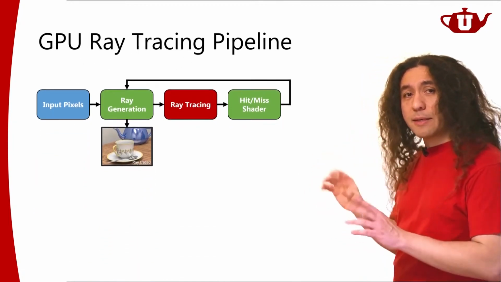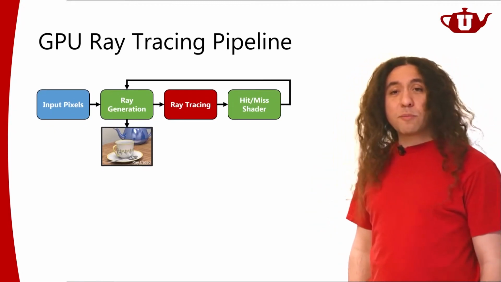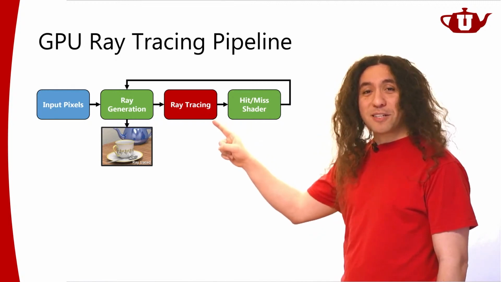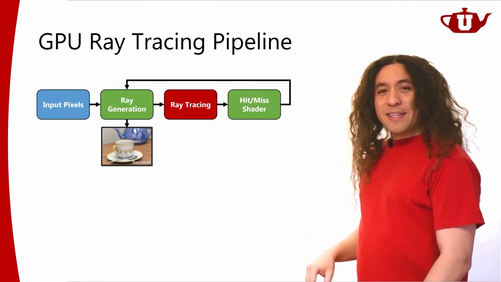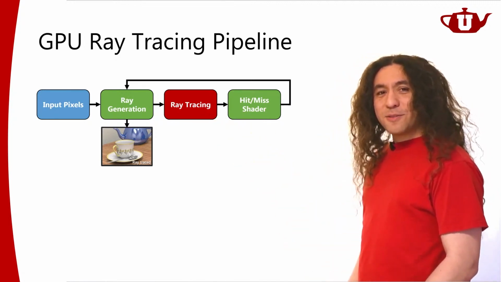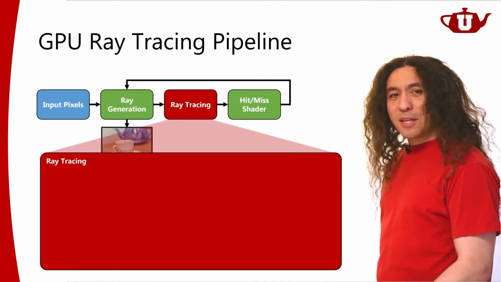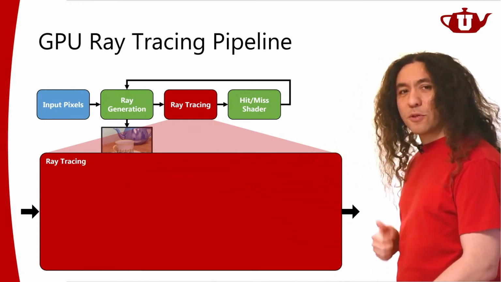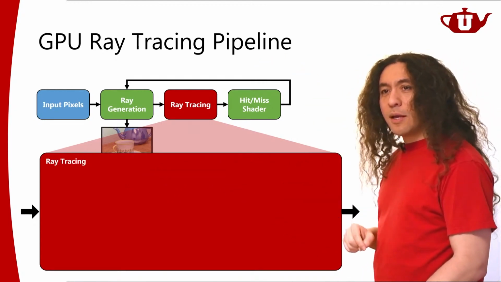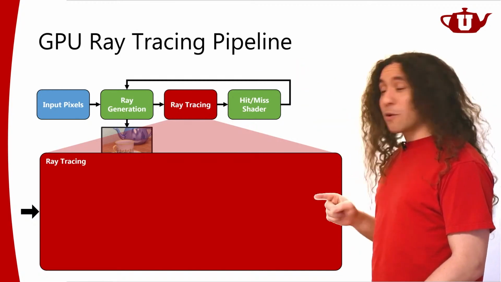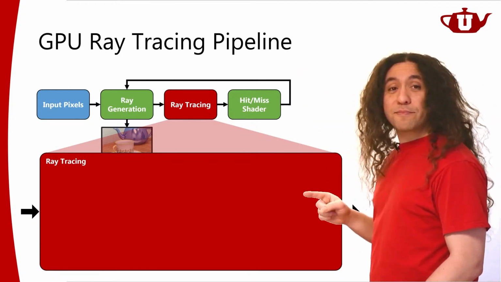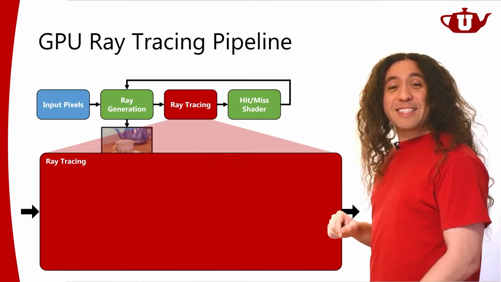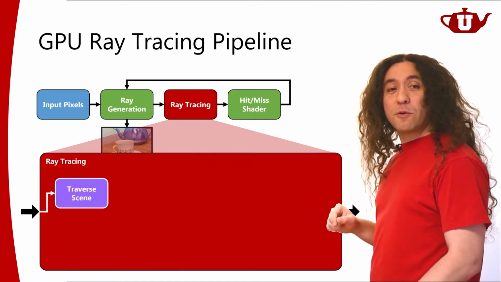So let's take a look at the ray tracing pipeline in a bit more detail, particularly what happens in this magical stuff. In the ray tracing box, let me blow it up a little bit and show you what goes on in here. There's going to be some input and some output, of course, connected here. When we send a ray into this ray tracing box, the ray is going to be used for traversing the scene.